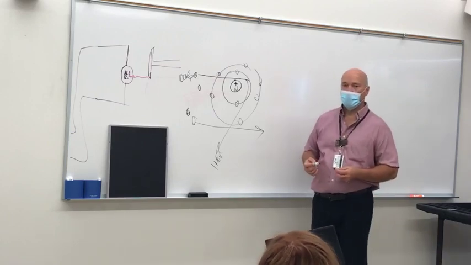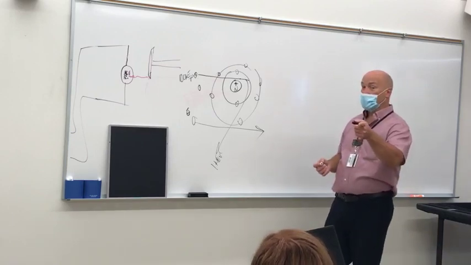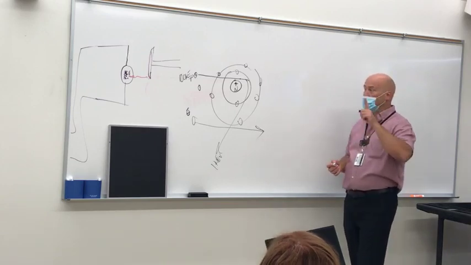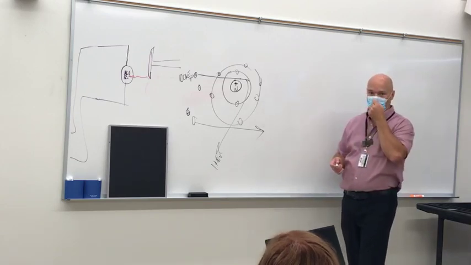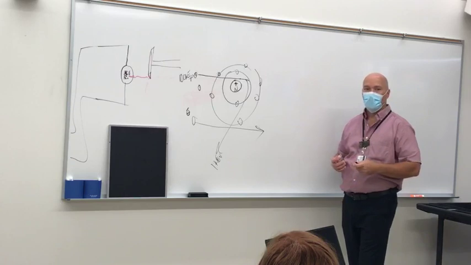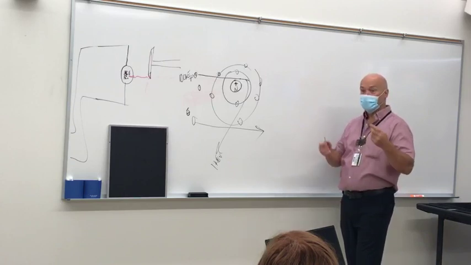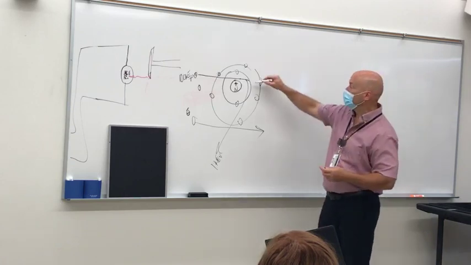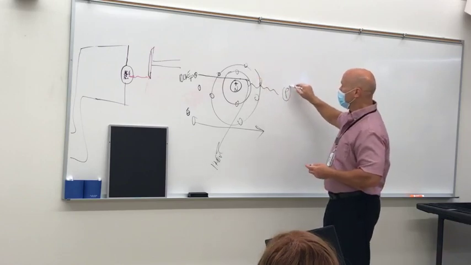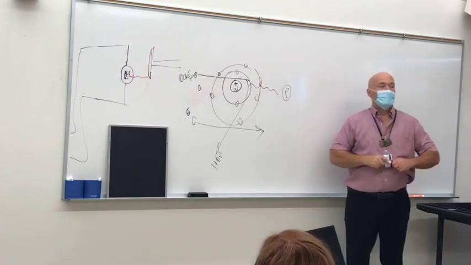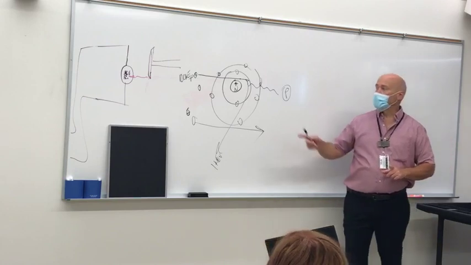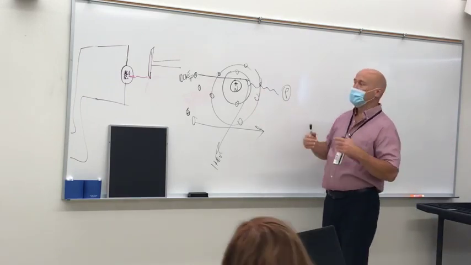Did it go to the other electrons? We'll get there in a minute. That's a possibility, but not in this case. Where did it go? It shot the energy out in the form of an X-ray photon. This is the first way that we're going to create X-rays. It's the most common way.